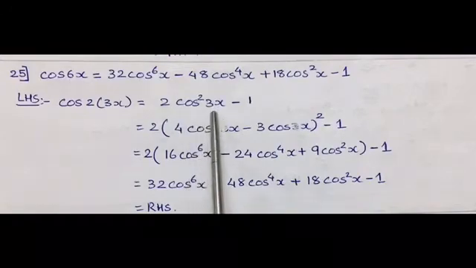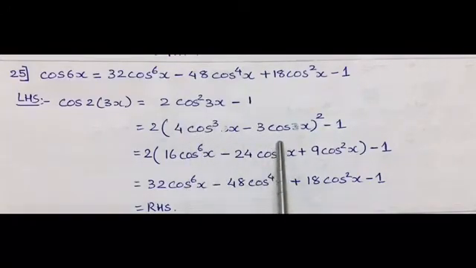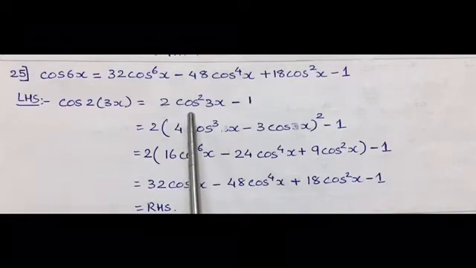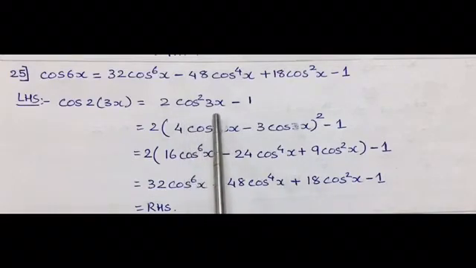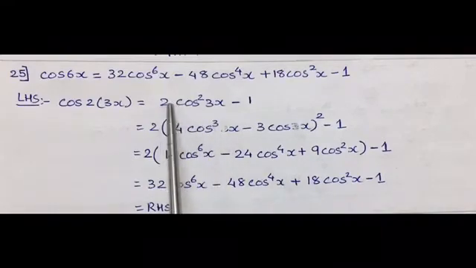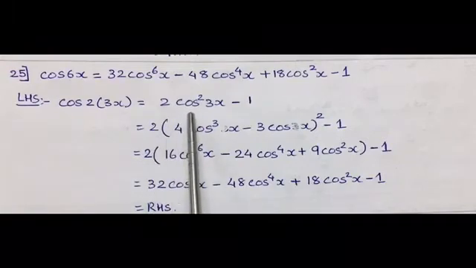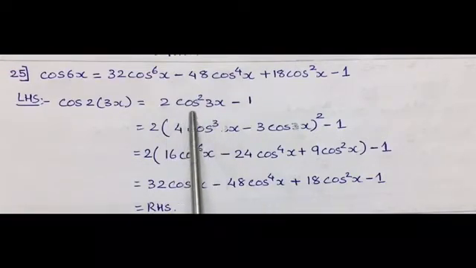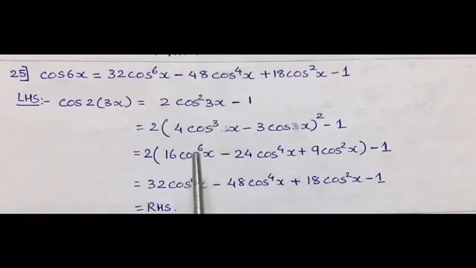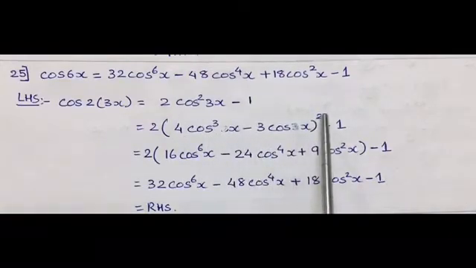Now cos 3x formula we already know. That will be kept in the place of cos 3x. So 2 remains as it is. Putting the formula of cos 3x as (4 cos cube x minus 3 cos x) whole square.